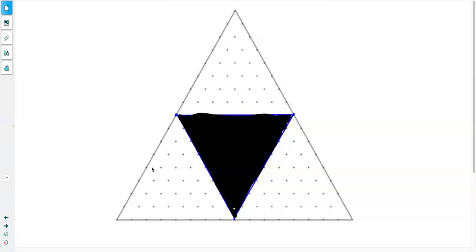So split each of these triangles' sides in half and join them with a ruler.